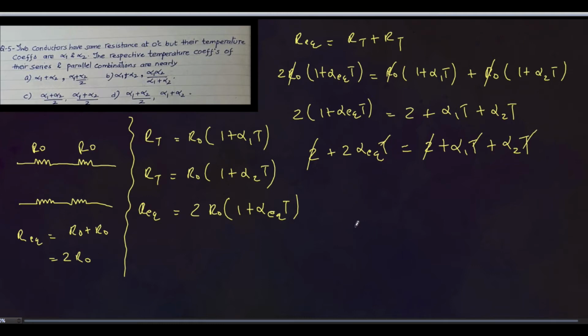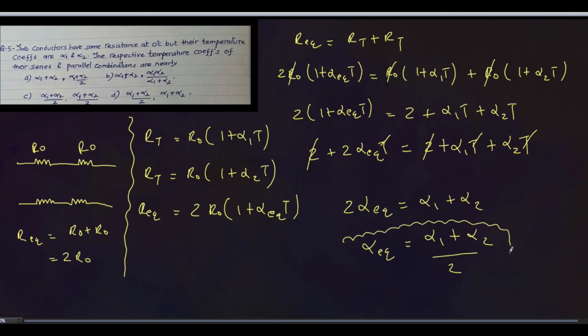Then 2 alpha EQ equals alpha 1 plus alpha 2, so alpha EQ is alpha 1 plus alpha 2 all divided by 2. So in series connection, the equivalent temperature coefficient is (alpha 1 plus alpha 2) by 2.